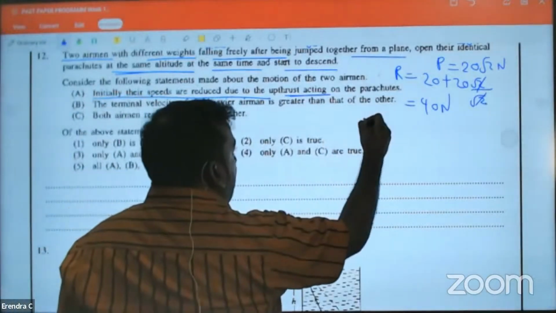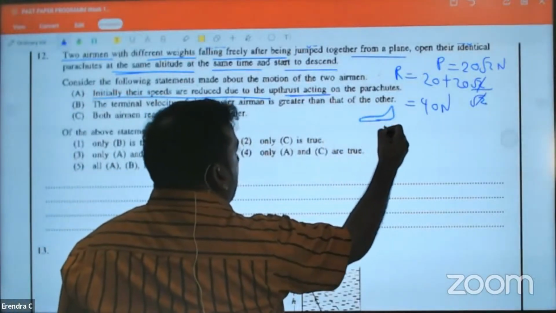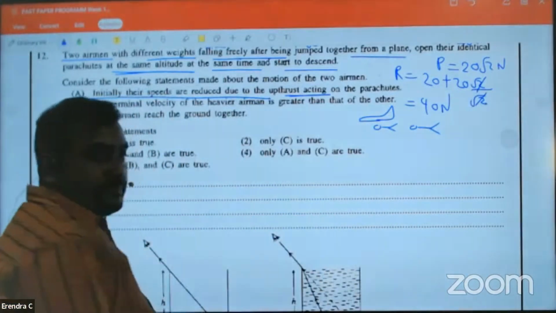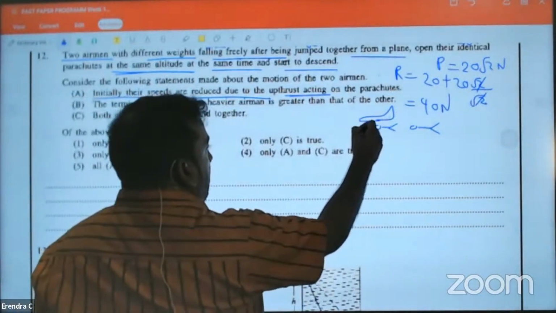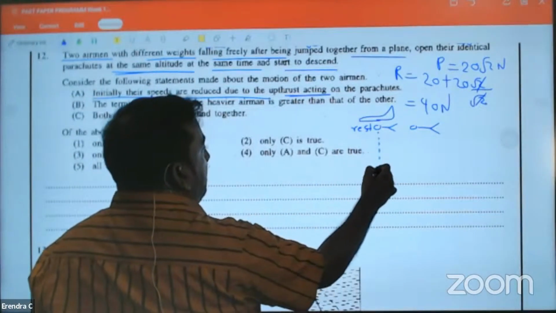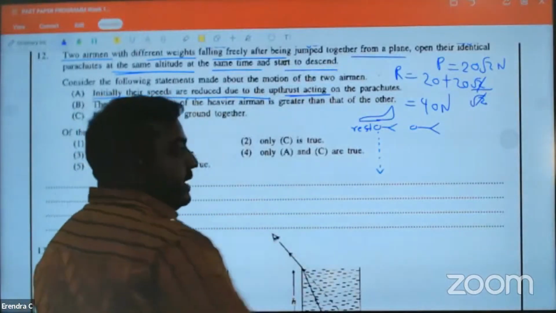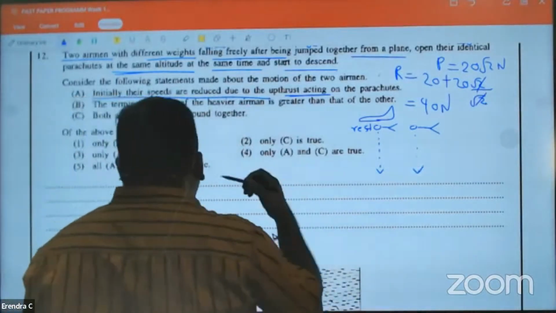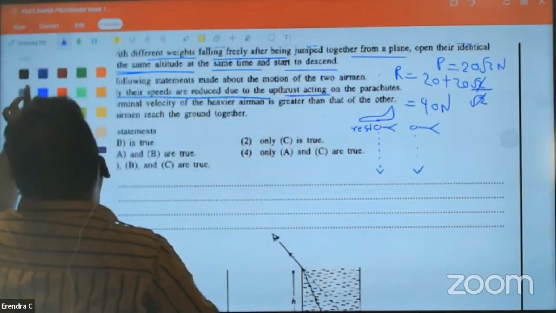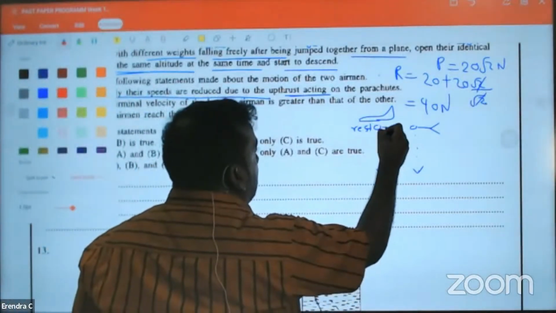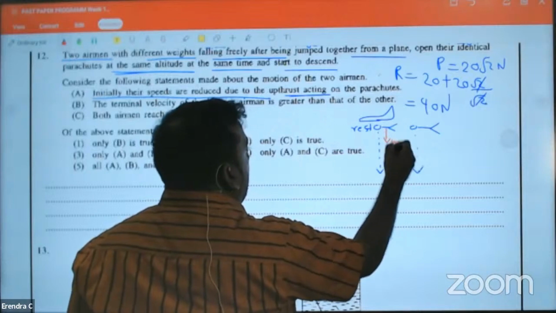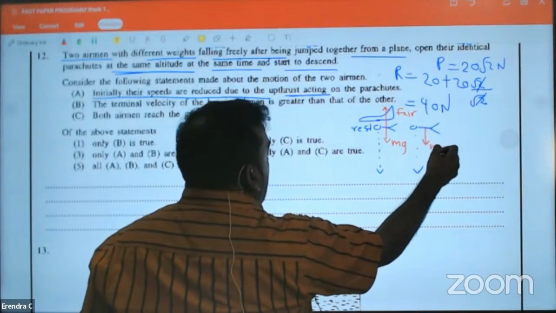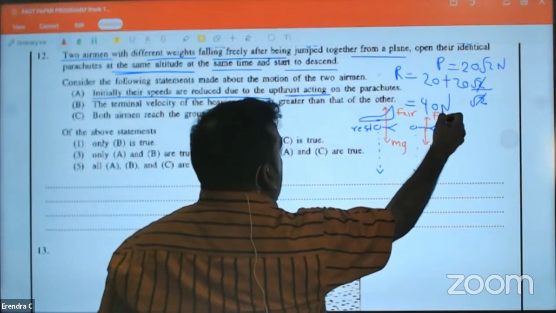No. When these two fellows jump out of the plane vertically, starting from rest, their velocity will increase. When their velocity increases, air resistance will act in the opposite direction, with mg there.